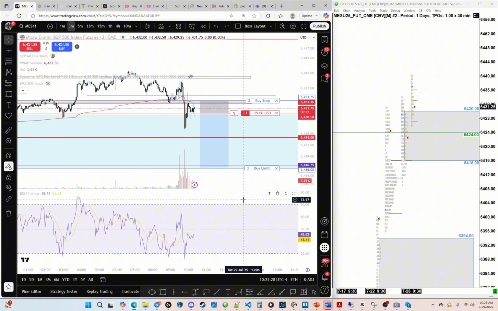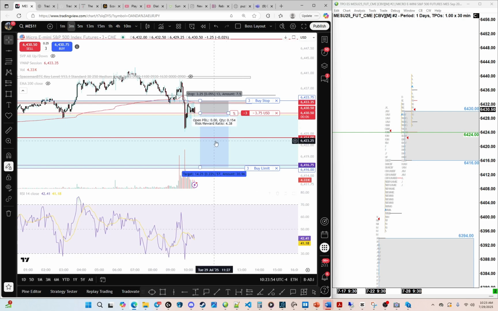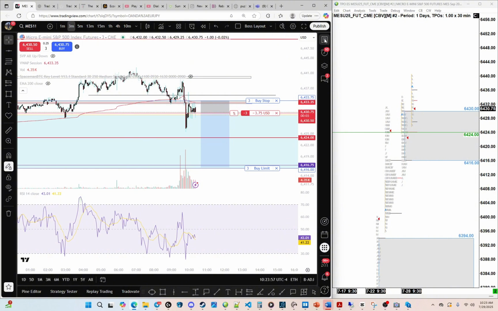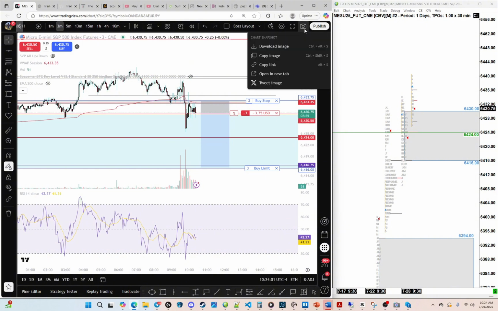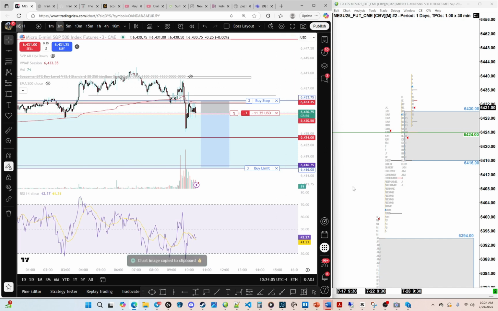It's a big if though. 64.36 had all those zero prints.